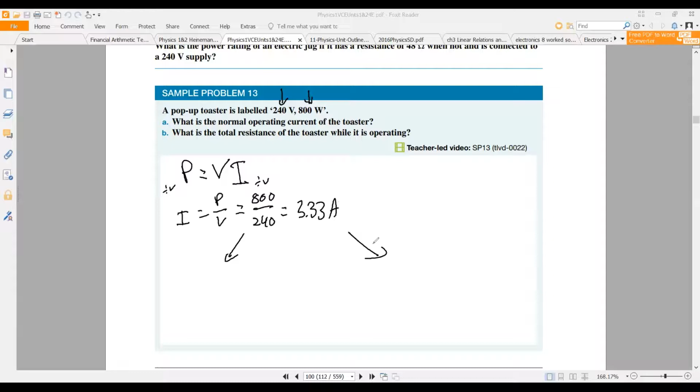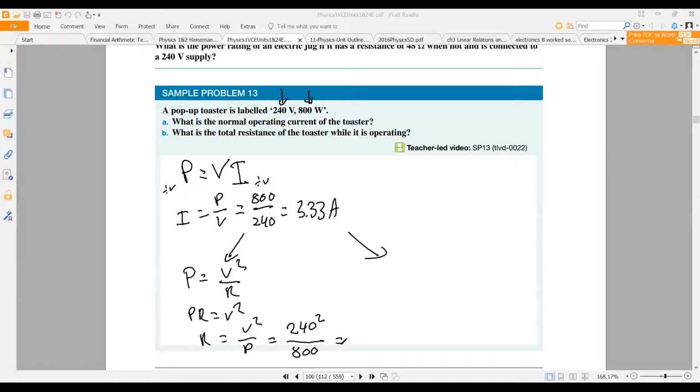Given that they've given us the power and the voltage, we can use the formula P equals V squared on R. If I swap these two, PR equals V squared, so R equals V squared divided by P, which is going to be 240 squared divided by 800.